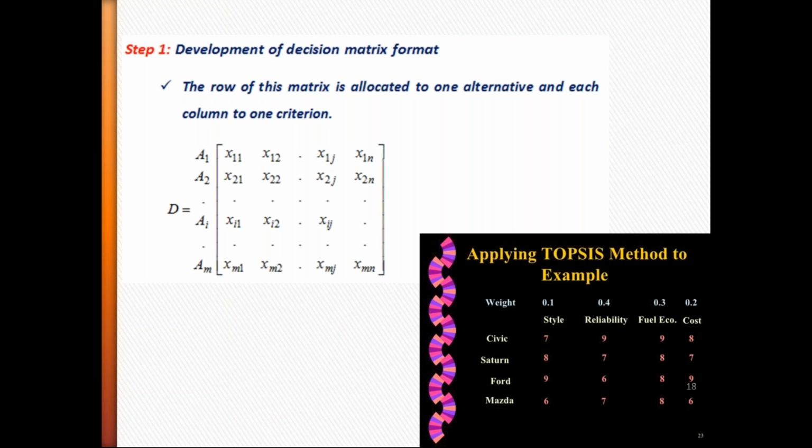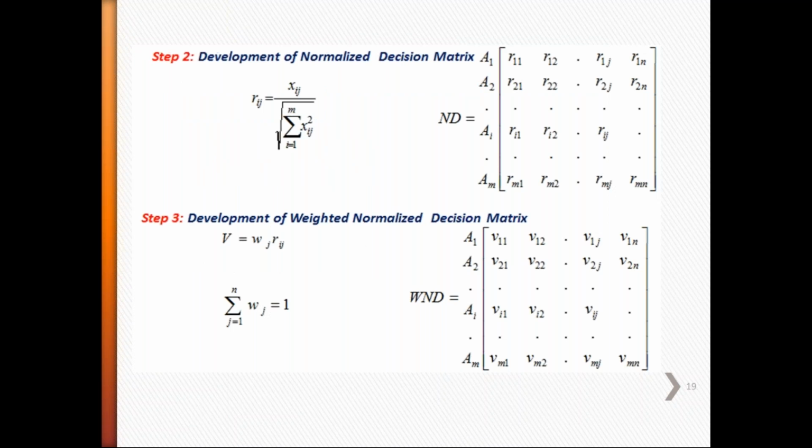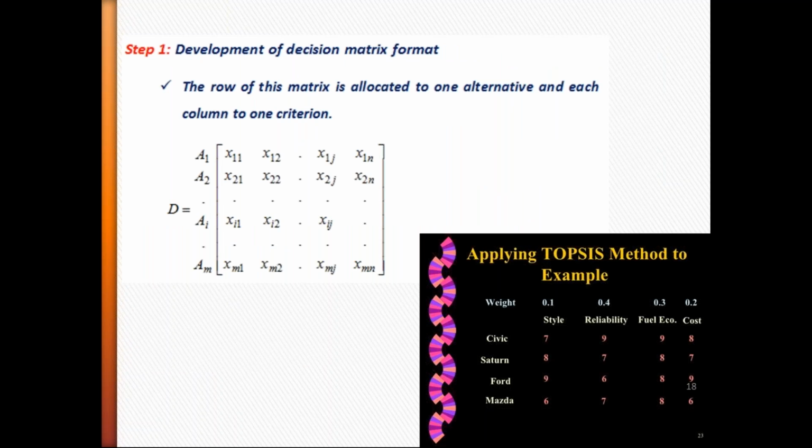Another example, let us consider what will be the normalized data corresponding to x11, the first one. The notation is R11. You can follow. So R11 will be equal to x11 divided by the square root of x11 square plus x21 square plus xi1 square plus xm1 square.